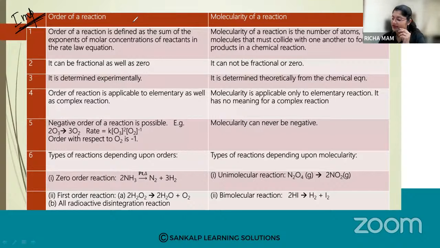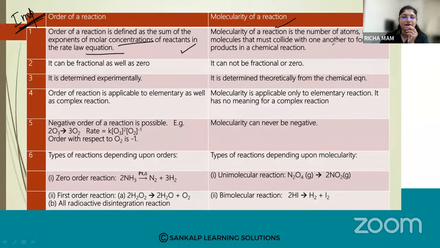So what is order of reaction? It is the sum of the powers of the exponents of the concentration terms in the rate law expression. You have to write the definition. If you write the definition as the first point for order of reaction, then for molecularity also you have to write the definition.